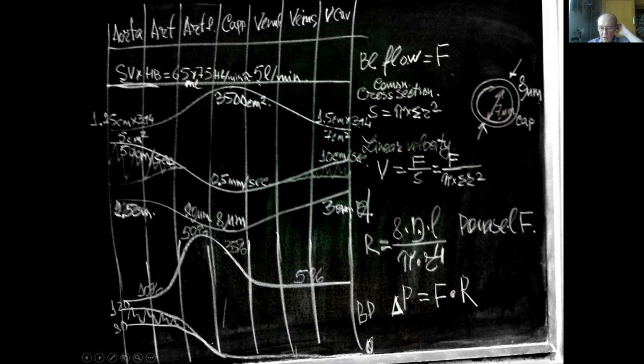The viscosity of the blood is equal to 5. The viscosity is 5 times more than the viscosity of distilled water. It depends on the proteins, first of all the proteins in the plasma, and on the red blood cells, leukocytes, and thrombocytes.